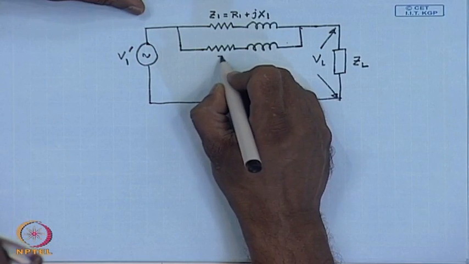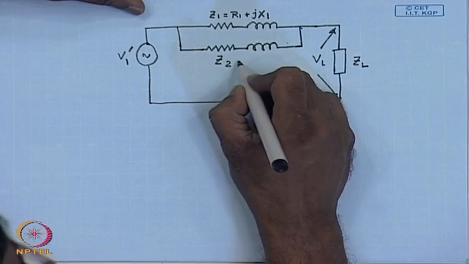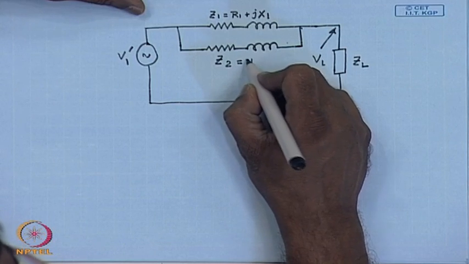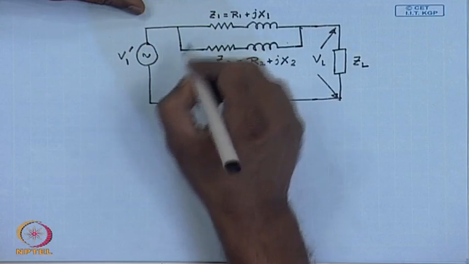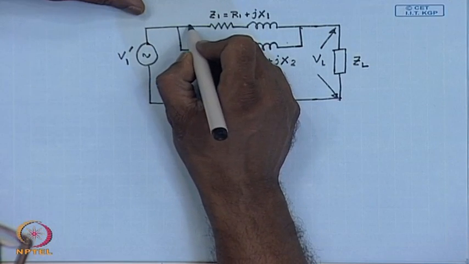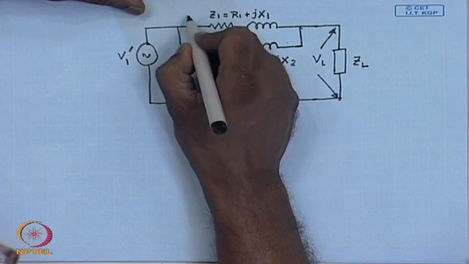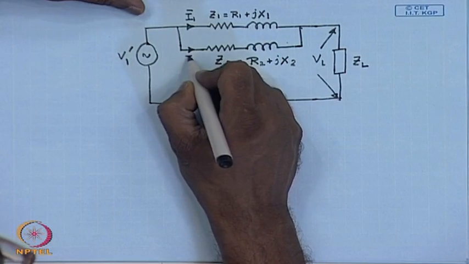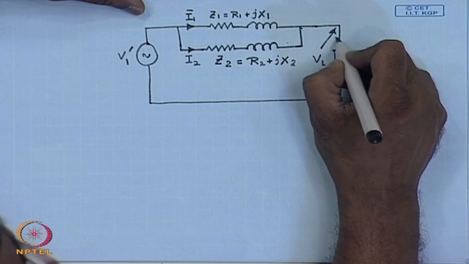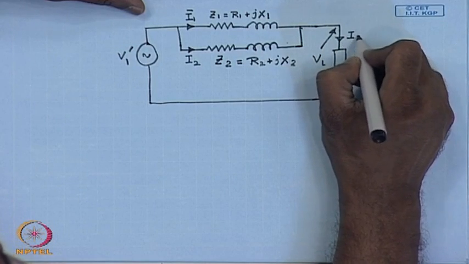So, this is Z2 equal to R2 plus jX2. Let us say the total current drawn by the first transformer is I1, the current drawn by the second transformer is I2, and the total load current is IL.